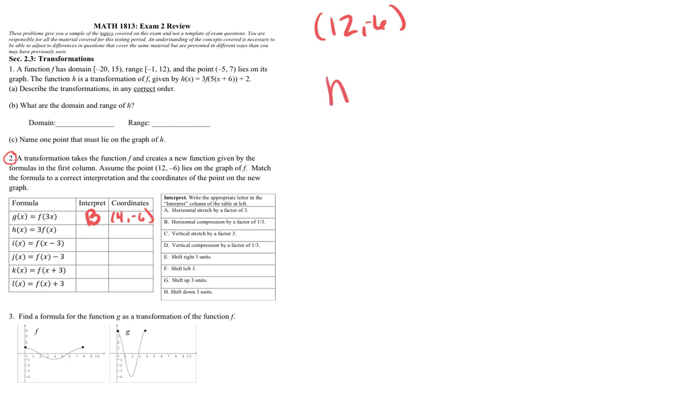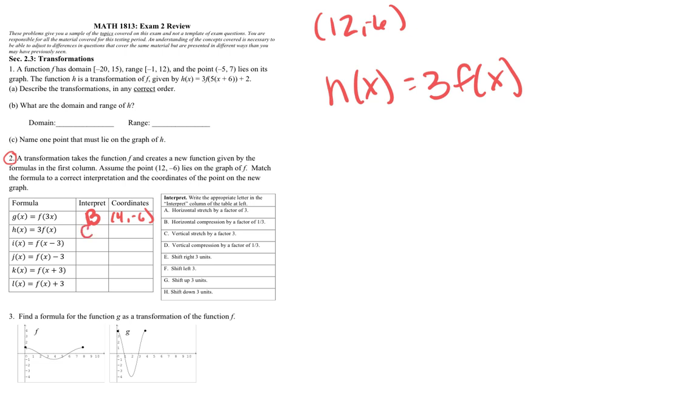Now our next function, h of x, we have a 3 on the outside of our function, right? So this time we're thinking vertical, and it's what we think it is. It looks like a 3, it is a 3. So we think vertical, and we're multiplying, so we have that stretch. So then we see C, vertical stretch by a factor of 3. That's going to be us.